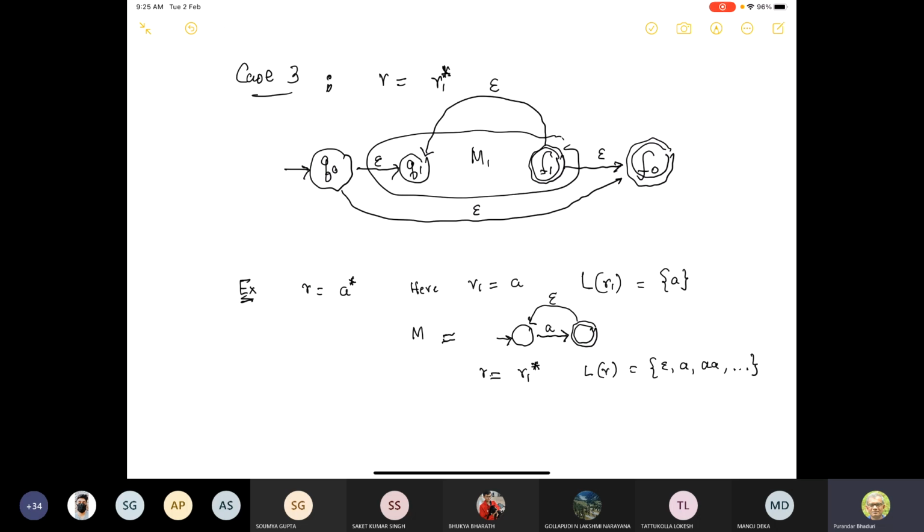Okay. On the other hand, you got to distinguish between two cases. Maybe the language generated by R1 itself had epsilon, and then you should preserve it. And if it didn't have epsilon, of course, you have to add.